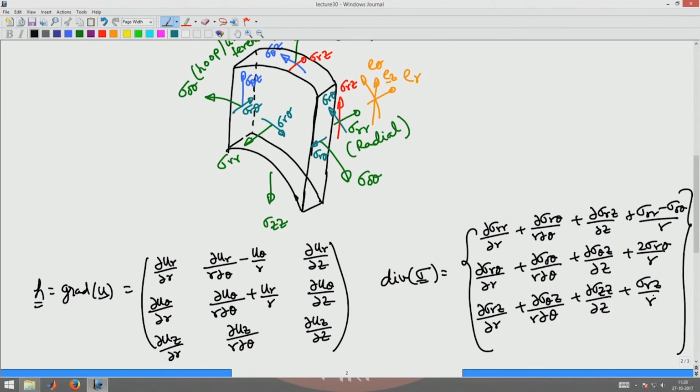Those are the expressions for divergence of sigma and gradient of the displacement field.